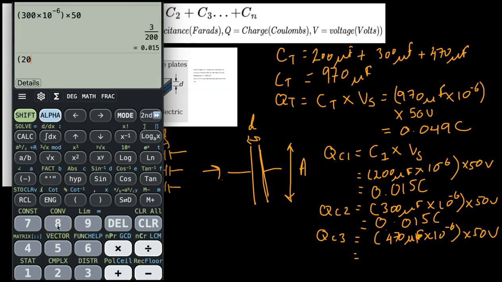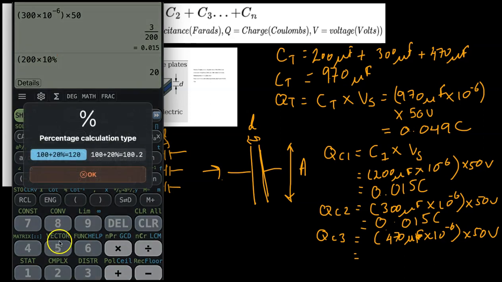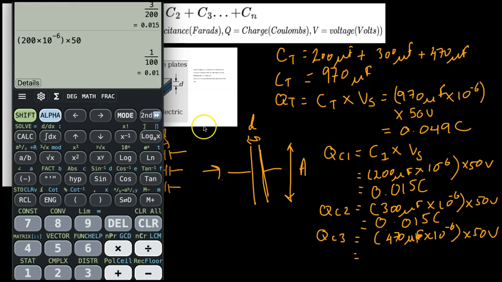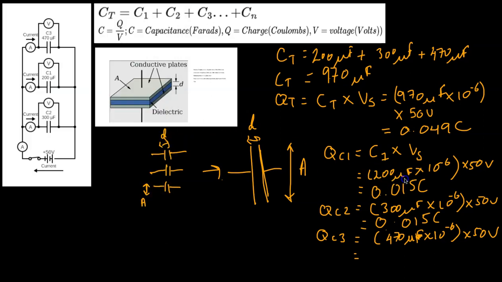So let's do the 200 microfarads. This one here should be 0.01. My bad. So we'll just change this into a 0.